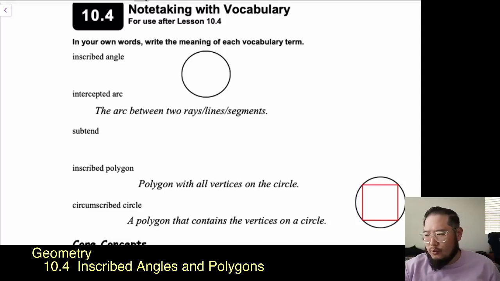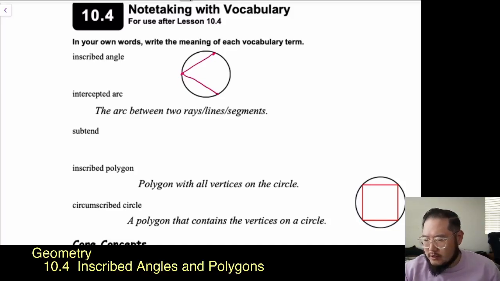So what you're going to see right here, I already have a circle drawn out. And I want to go ahead and draw a vertex that's actually on the circle, and then two segments, or you can say two chords right here. Based off of this drawing, that would be an inscribed angle.